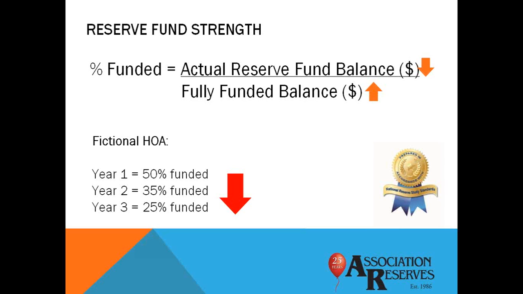And to make matters worse, some of the more influential components on the component list were actually aging faster than originally predicted or becoming more expensive. That served to increase the fully funded balance calculation even more. So the combination of lower actual reserves and a higher fully funded balance meant that the net result was that the association's reserve fund strength was clearly heading south.